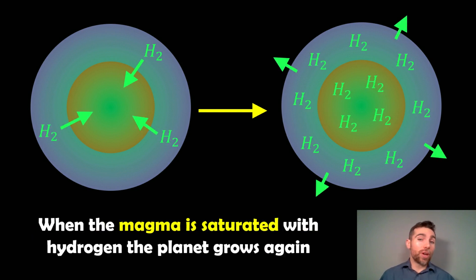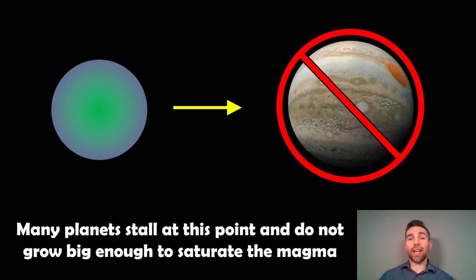Now, at some point, that magma will become saturated with hydrogen. You can't get any more in it, no more can dissolve, and then the planet will start to grow again. Most planets actually don't make that saturation point. You need to get to quite a significant size to overshoot that and then continue to grow.